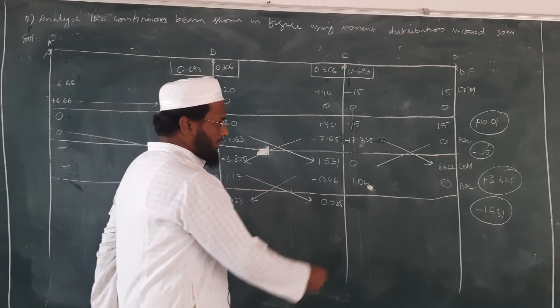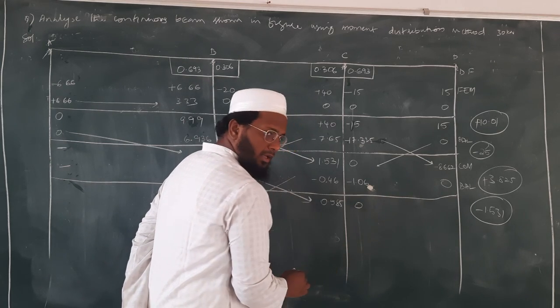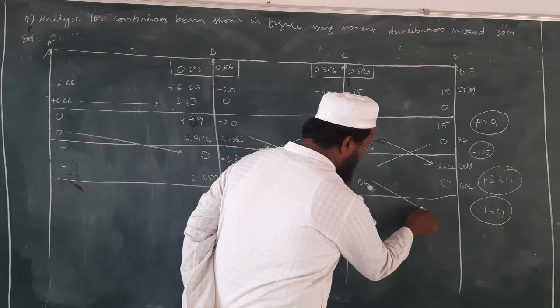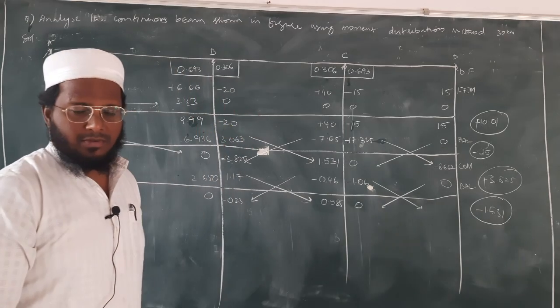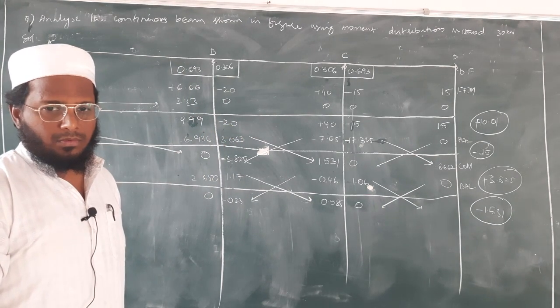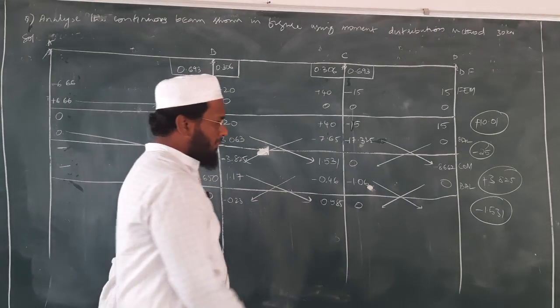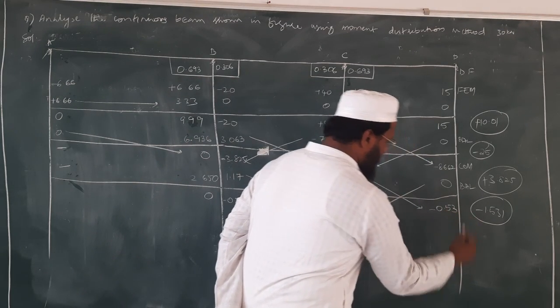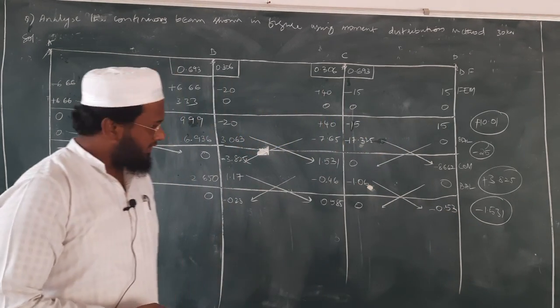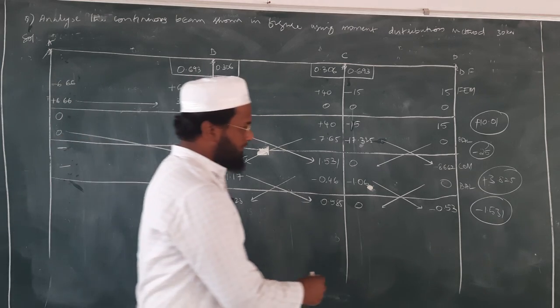Okay. What about this one? 0. And this one? Minus 1.06 divided by 2 is minus 0.53. Able to understand?